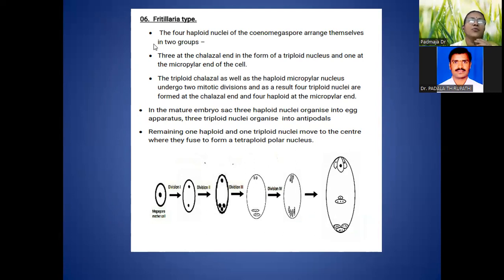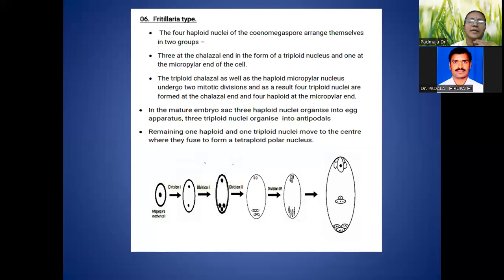Here the 4 haploid nuclei of the megaspore arrange themselves in 2 groups. Here 3 are at the chalazal end in the form of a triploid nucleus and 1 at the micropylar end.